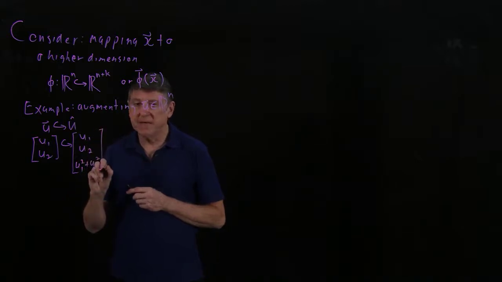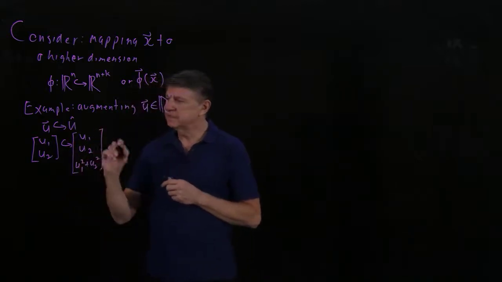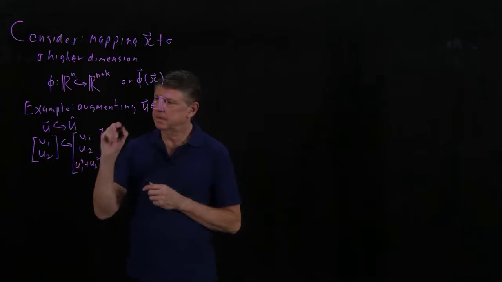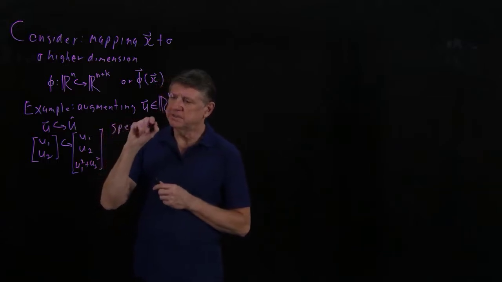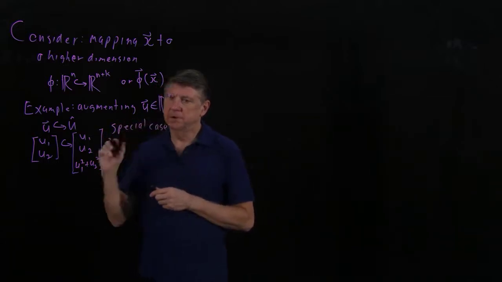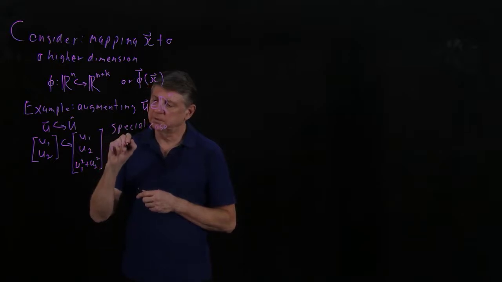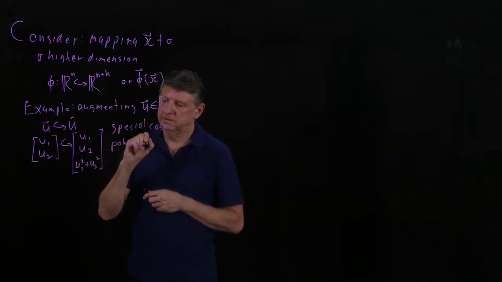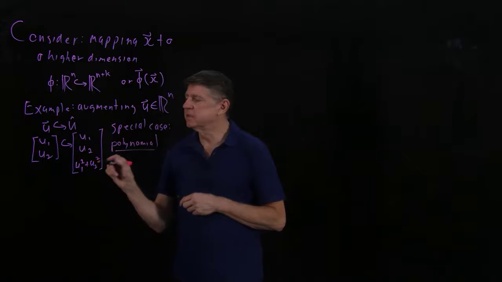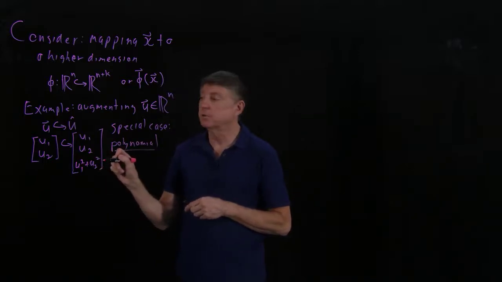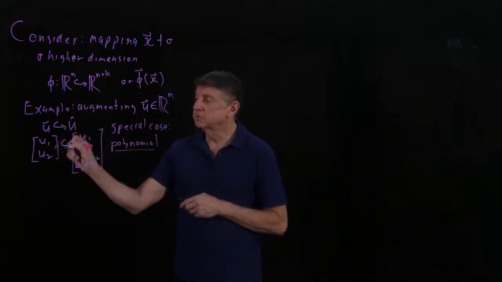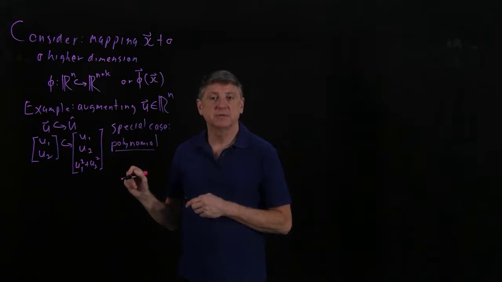And that embedding is a special case of what's referred to as a polynomial embedding. And the reason it's a polynomial is that this is a polynomial in terms of the original entries of the vector.